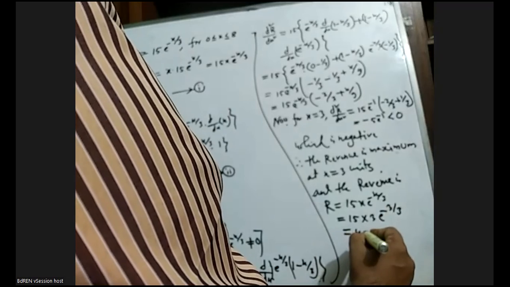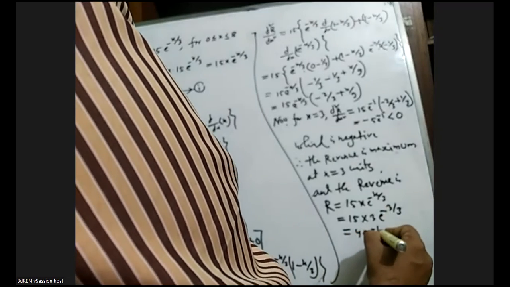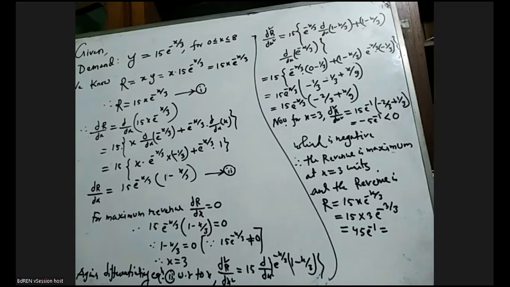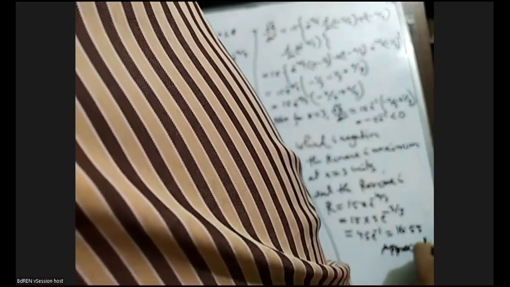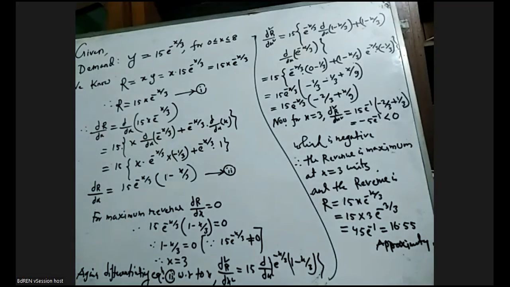That means 45 e to the power minus 1, which is approximately 16.55. Okay, this is our desired result.